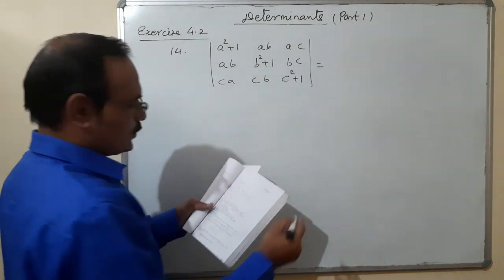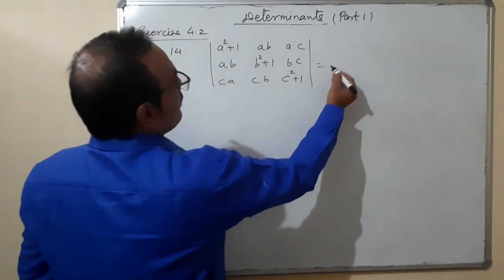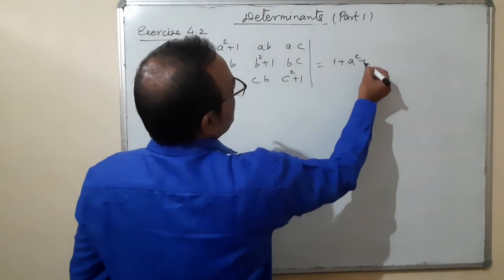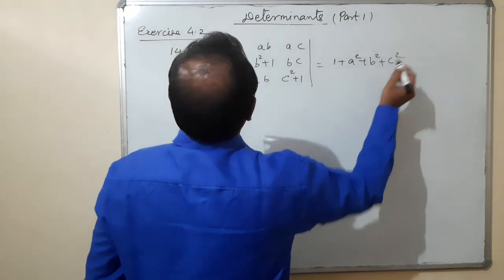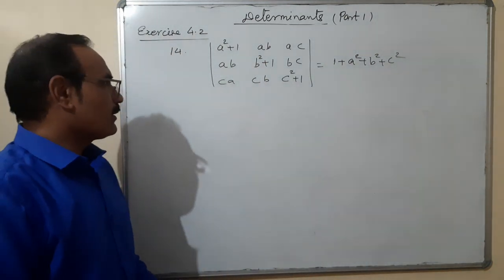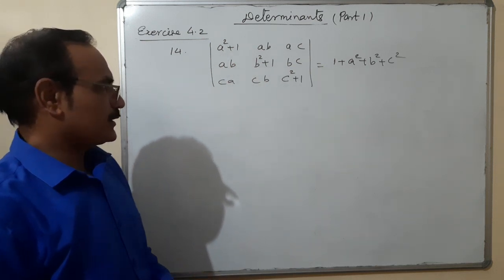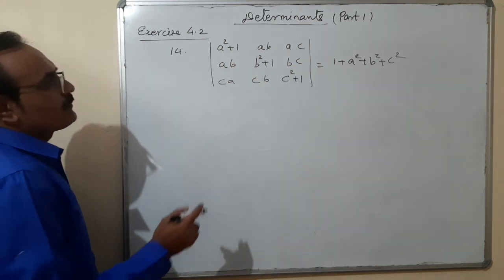And this is equal to 1 plus A square plus B square plus C square. How to make it 1 plus A square plus B square plus C square? We have 1 plus A square here, but plus B square and C square. What should be done for this?